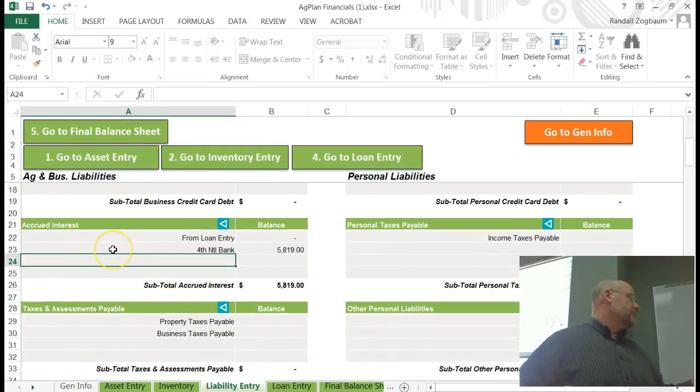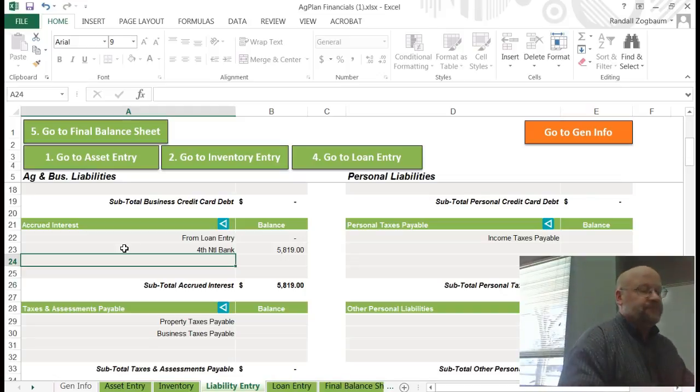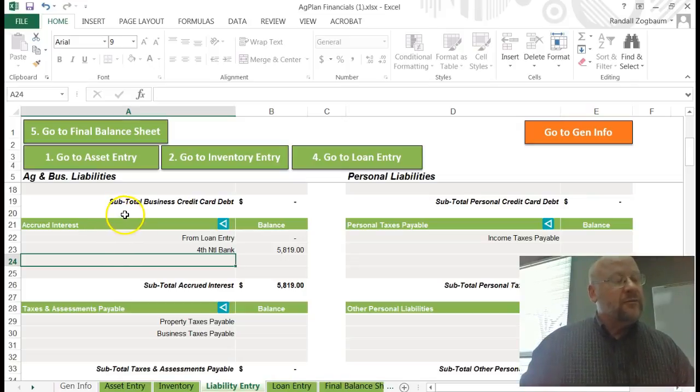And the next one, page 4, Fourth National Bank, it says operating, interest rate is 7%, balance is 123,855, but the accrued interest for the year is 5,819. And when we go into the next ones, we'll be looking at the P&I payment, which is principal and interest payment due for the year.